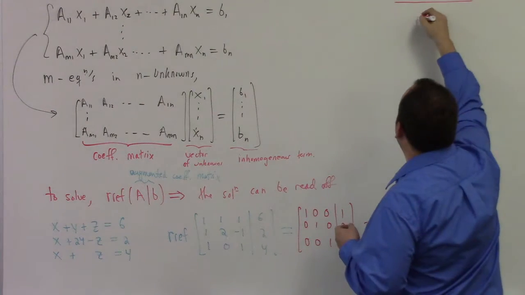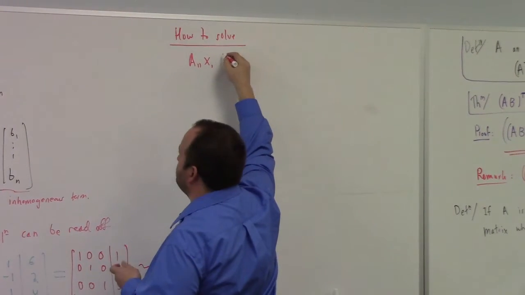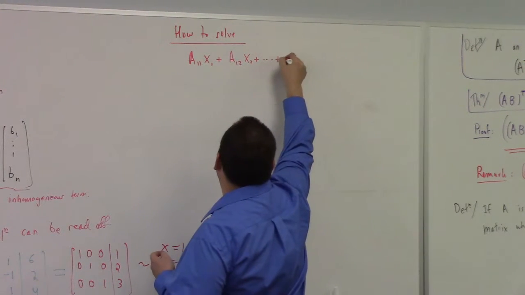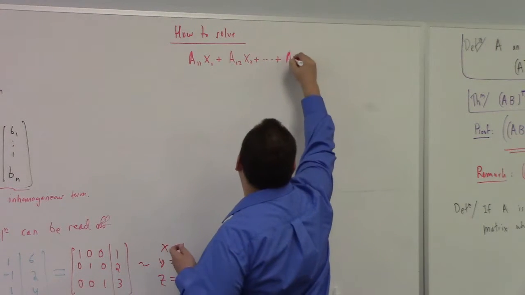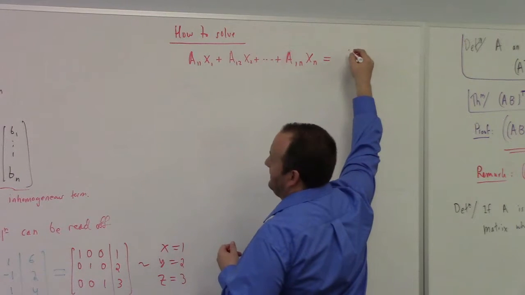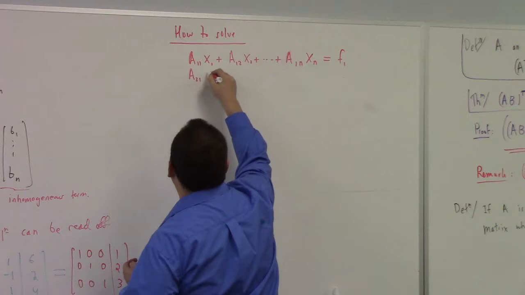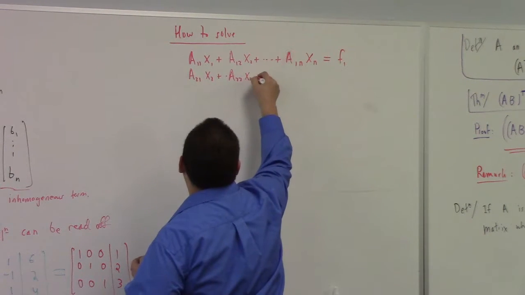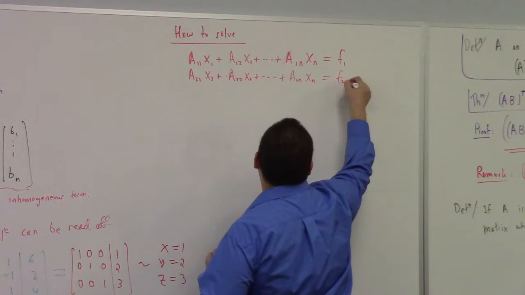So what we're going to have is something like a11 x1 plus a12 x2 plus ... plus a1n xn equal to, let's say, f1, a21 x1 plus a22 x2 plus ... plus a2n xn equals f2, and so forth.